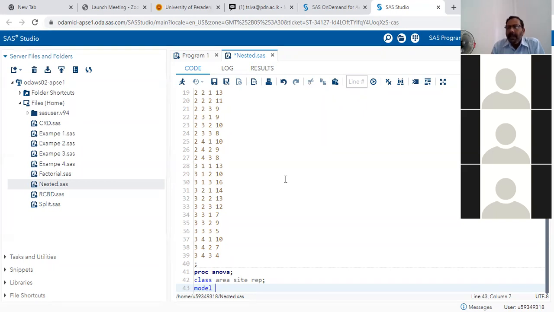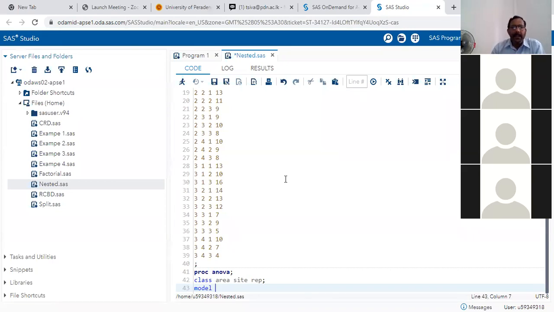Two factors, yes. What are the factors? The first factor is area. The second factor is site. So two factors are involved here. On the other side we have replicate. That is fine. Replicate is not a factor.